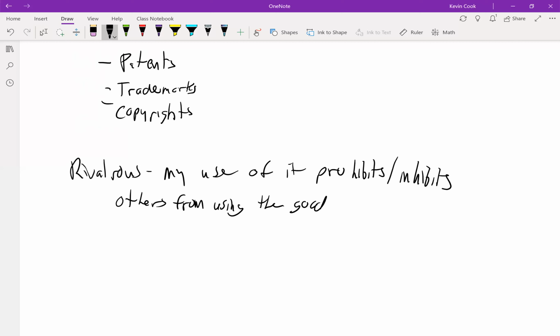And then we have excludable. An excludable good is one where you can be prevented from accessing it.